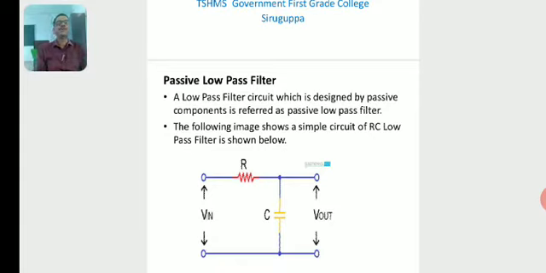The following image shows a simple circuit of an RC low pass filter. A resistor of resistance R and a capacitor of capacitance C are connected as shown in the figure, where the input is applied across the RC and then the output is obtained.